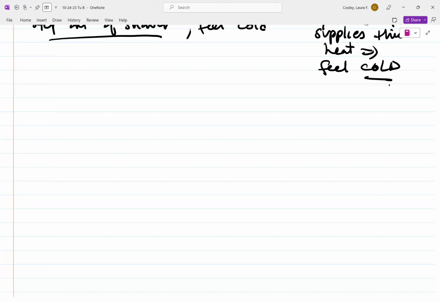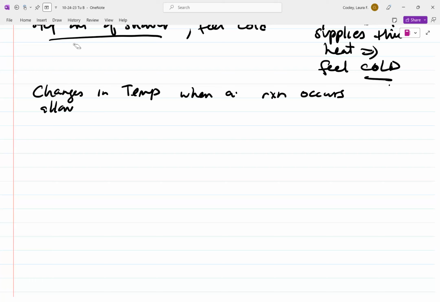Okay, so changes in temperature when a reaction occurs allow us to figure out what the heat is. Which, in fact, since Q is equal to delta H at constant pressure, means we can calculate a delta H that way.